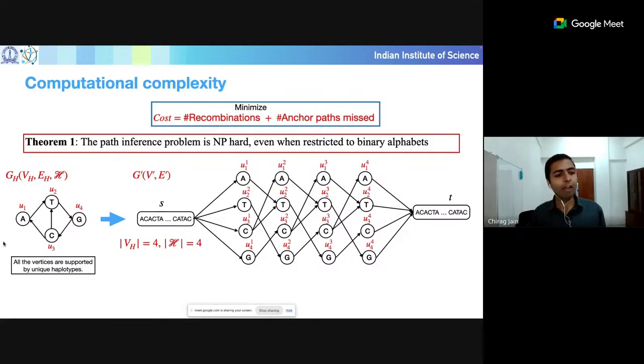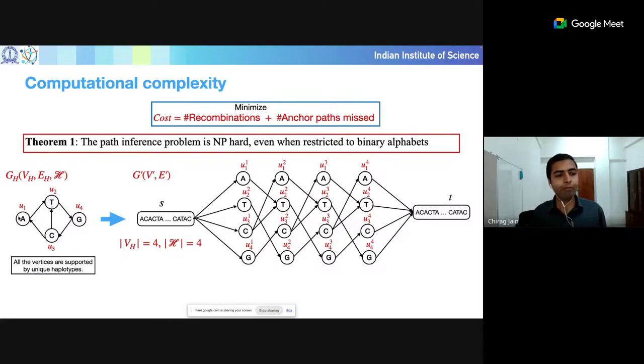So let us say you have a Hamiltonian path instance where you are given an instance with 4 vertices. Now I'm going to convert the instance given to the Hamiltonian path problem into an instance for the haplotype path inference problem. And this I will do by drawing a pangenome graph in which I will create multiple copies of this graph.